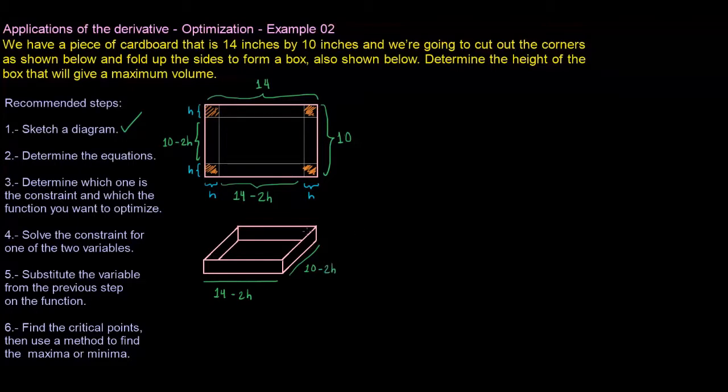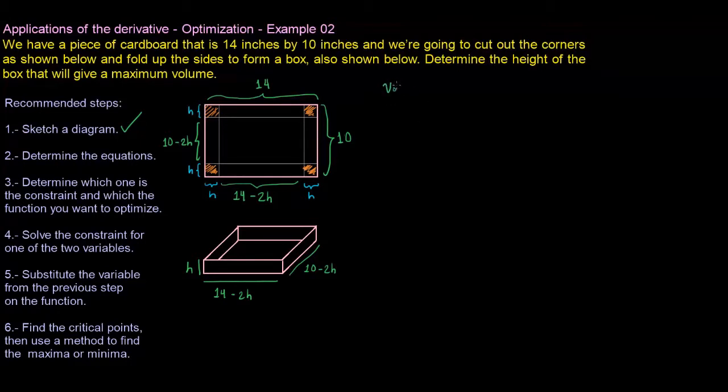Now the only dimension left for the folded box would be the height, corresponding to this one. It's actually directly h. There it is. Now how will the formula for the volume look like?